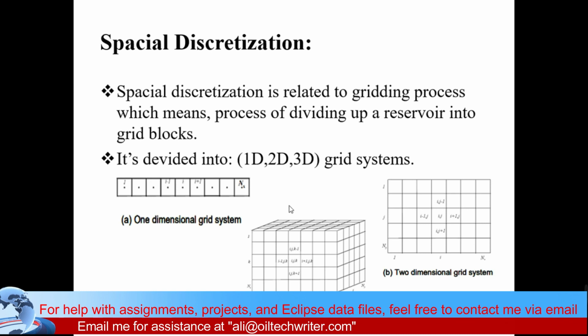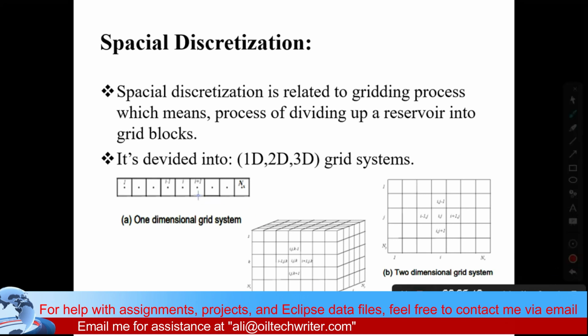The same is true when we have a big reservoir and we convert it into small grid blocks. Now we have one-dimensional, two-dimensional, and three-dimensional grid blocks. Here you can see one dimension. One dimension means whatever fluid we have is moving in a straight line, ahead or behind. Either it is going in this direction or in this direction, so we call it one-dimensional. Then we have two dimensions.